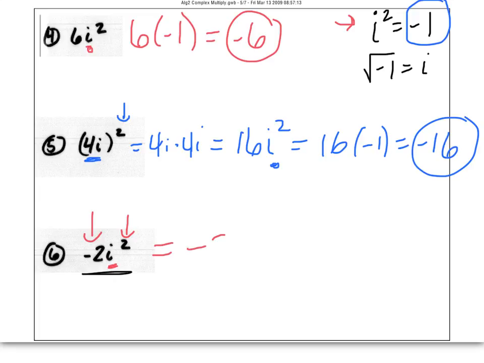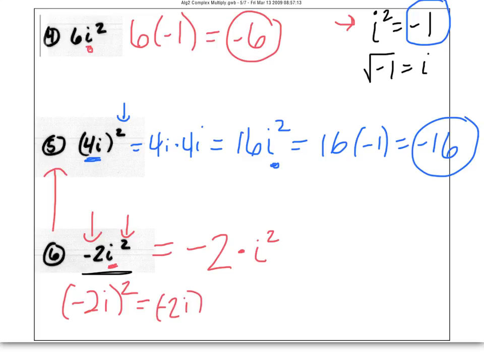So I'm going to write the negative 2 and just keep it there, and I'm almost going to separate it out like this and write it i squared. Now this problem would have been like number 5 if it looked like this. If I had written this squared with parentheses, then I would have to do negative 2i times negative 2i. It is not that. Notice the difference.